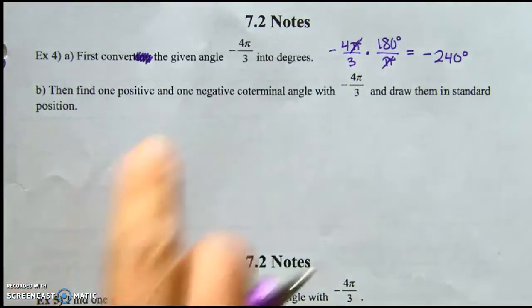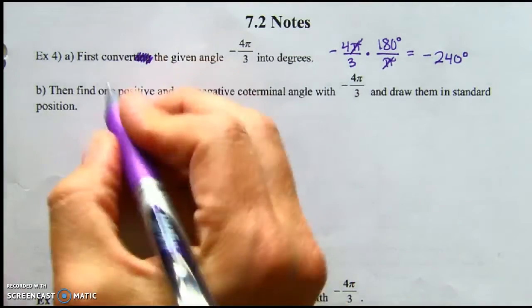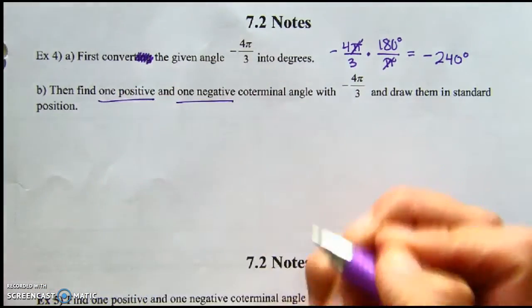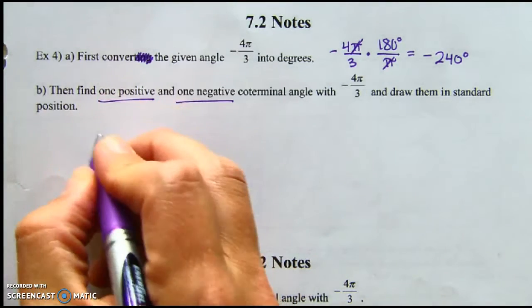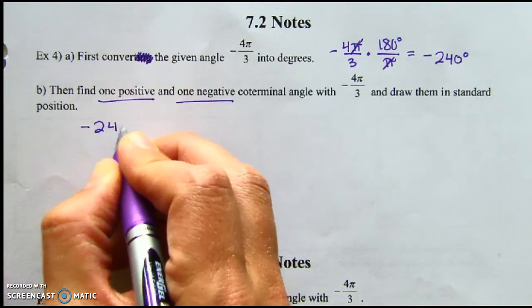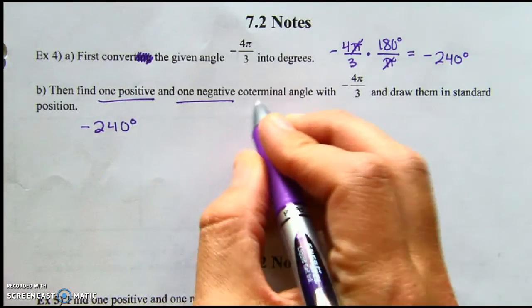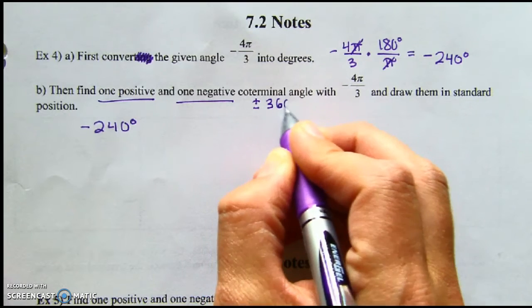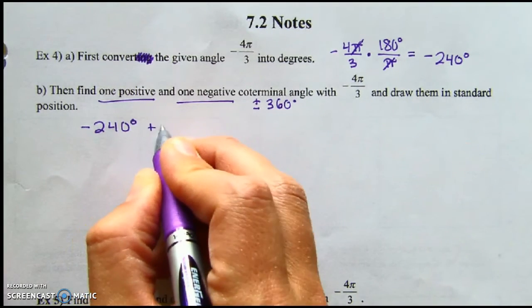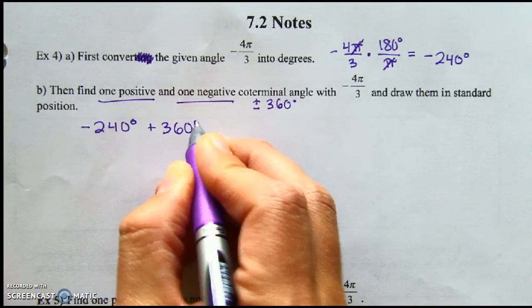Okay, so we converted from radian to degree measure, then find one positive and one negative coterminal angle and draw them in standard position. How do you find coterminal angles? Add or subtract 360. So when we add 360 to negative 240, what do we get?